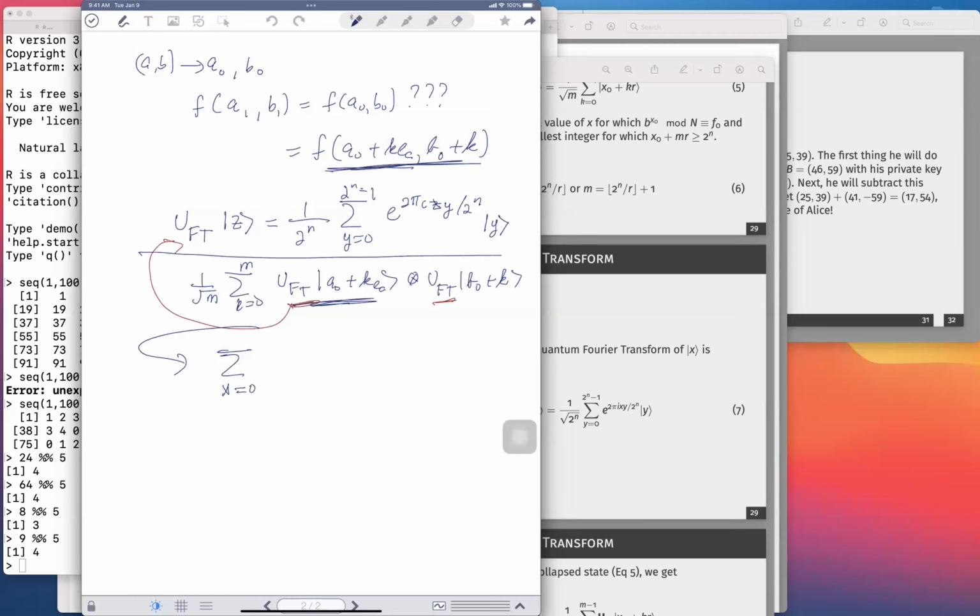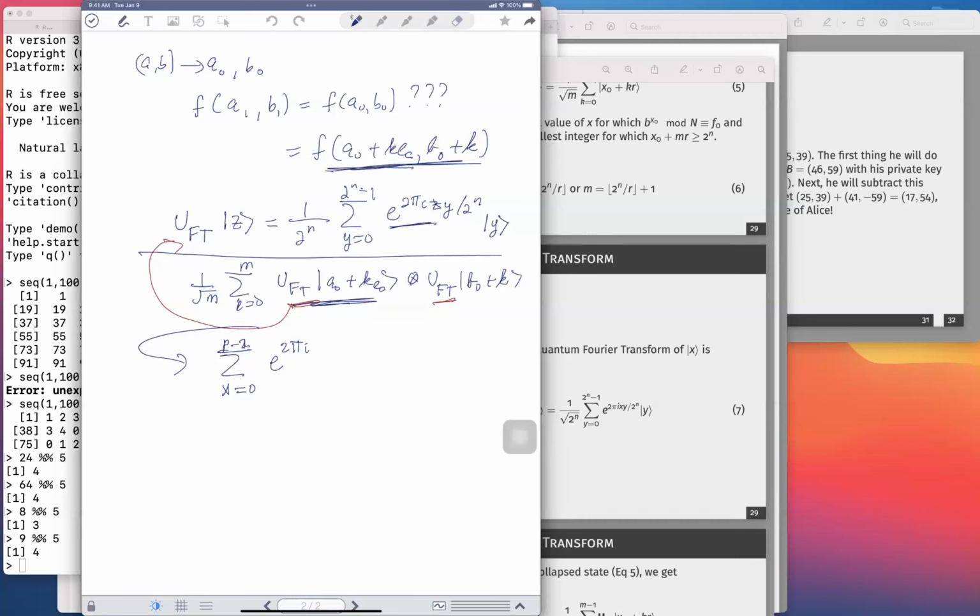Summation of x equals 0 to p minus 2, and then you apply this one, okay? e to the 2 pi i, and what is z?